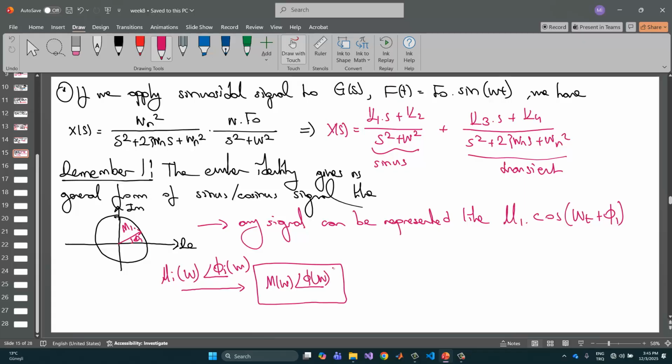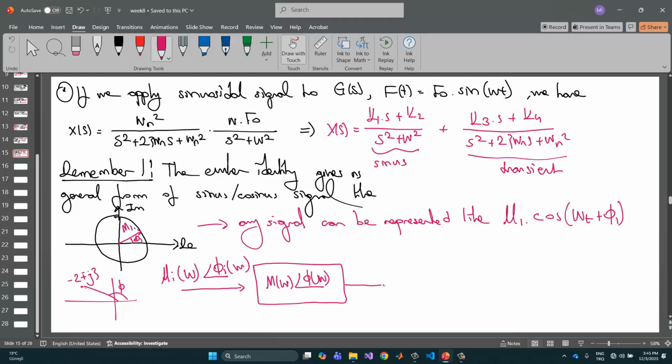Otherwise it's wrong, because it's on the S-plane. And if we have the poles of this system, like -2 plus minus j3, it has a magnitude and a phase diagram, right? What's the magnitude? Magnitude is that. And what is the degree? Degree is that. That's it.